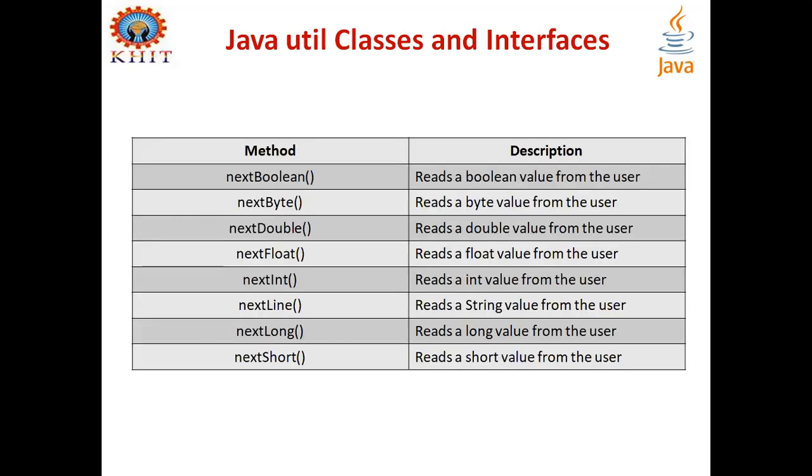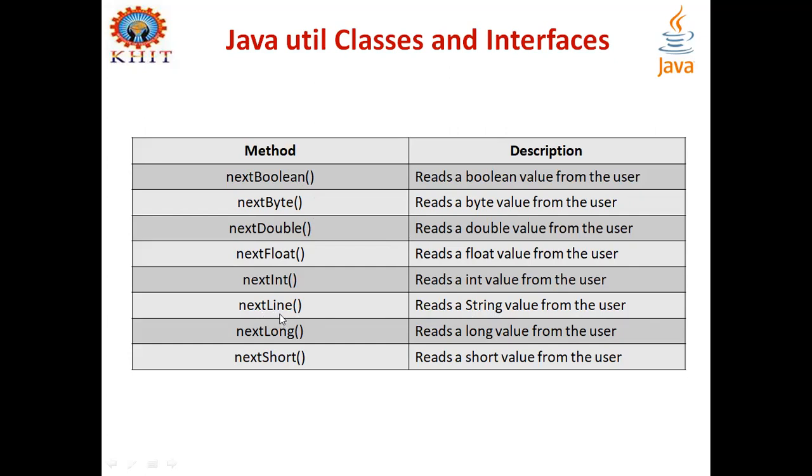And these are some of the methods available in this util Scanner class. nextBoolean is a method to read a boolean value from the user. Byte, double, float, int. nextLine is used to read a string value, not nextString.